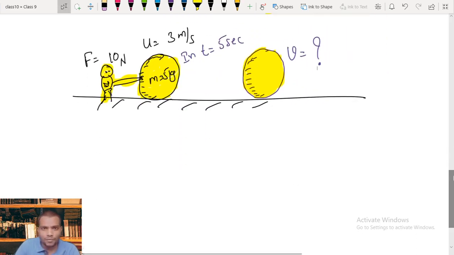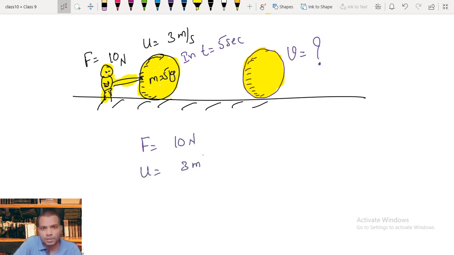Now to calculate the final velocity, in this case we already know that force F equals 10 Newton, initial velocity u equals 3 meter per second, time t equals 5 second, and final velocity v equals how much?